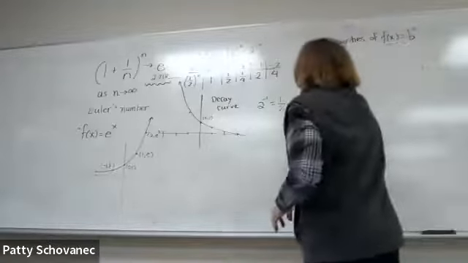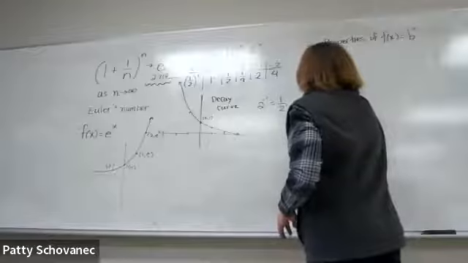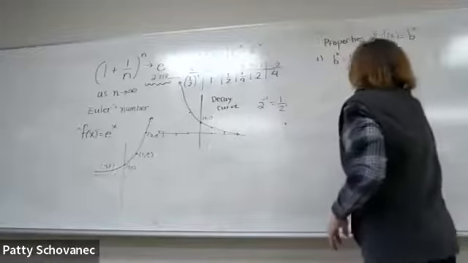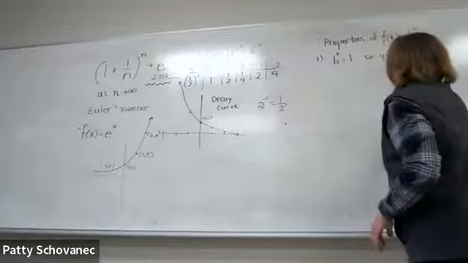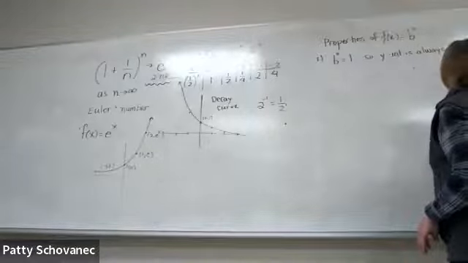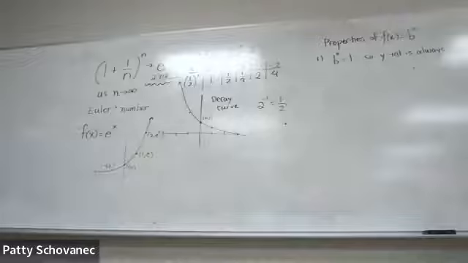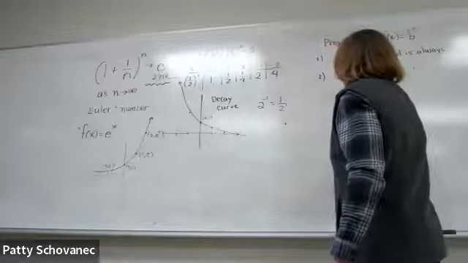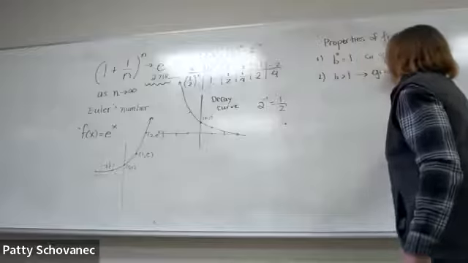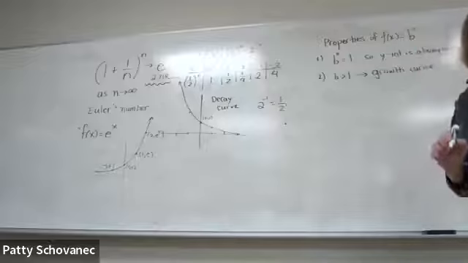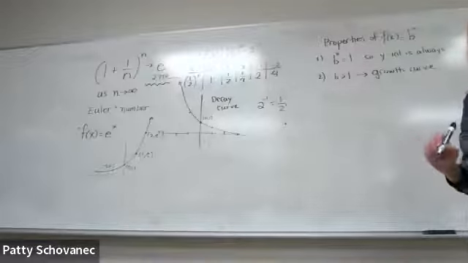So the first thing that we observe is that b to the 0 power is 1. So the y-intercept is always the ordered pair 0, 1. The second thing is that if b is bigger than 1, we have a growth curve. If b is a fraction between 0 and 1, we'll have a decay curve.